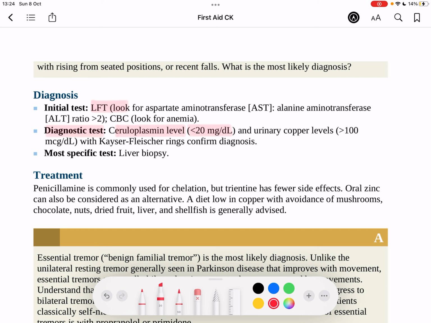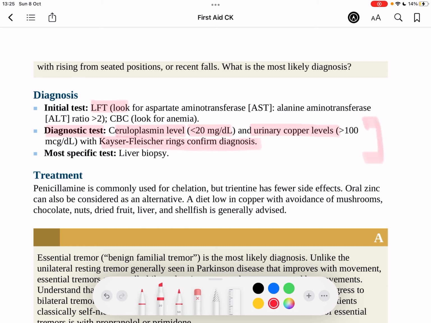Remember, I said that the ATP7B gene codes for a protein that makes ceruloplasmin, so of course in this case it's going to be low, and an elevated urinary copper level as well. If the patient has got neurological signs, I will also do a slit lamp test, and I will see Kaiser-Fleischer rings as well.